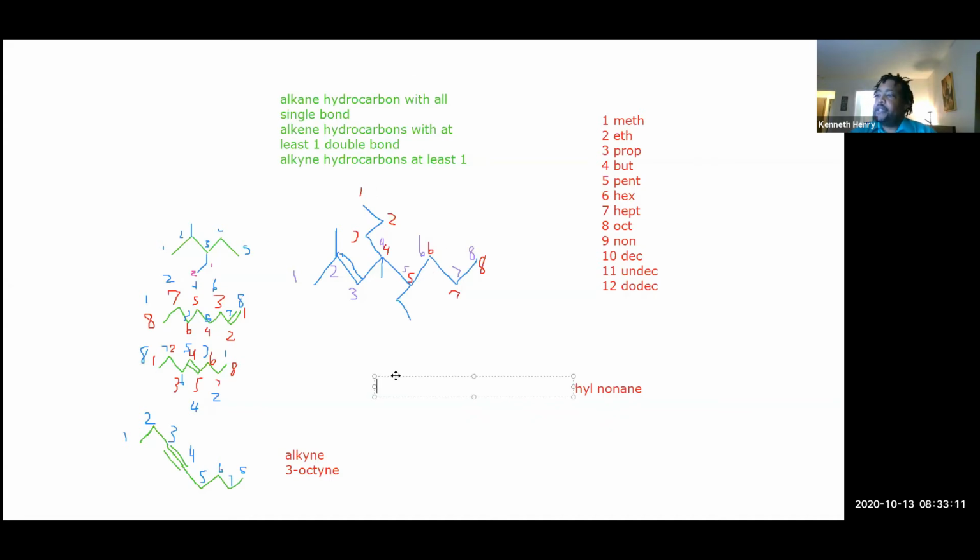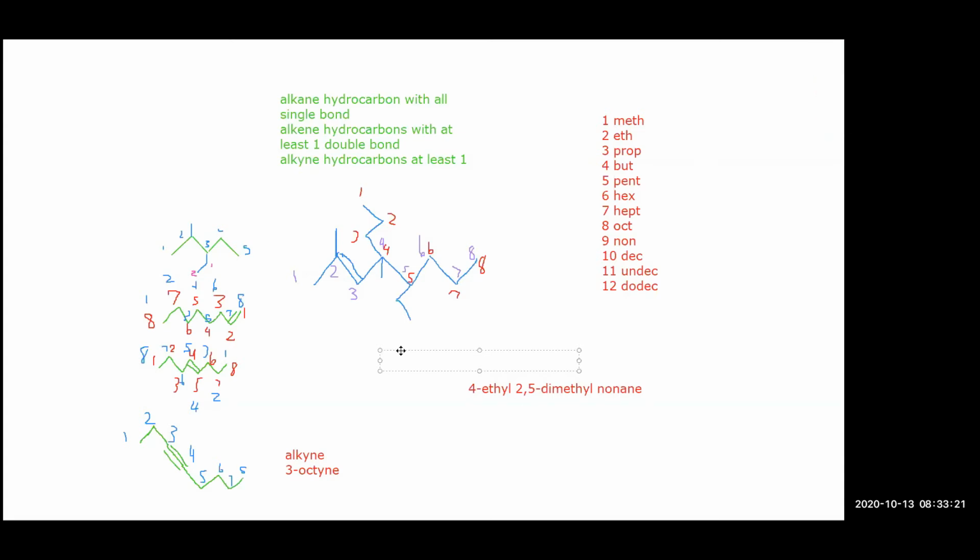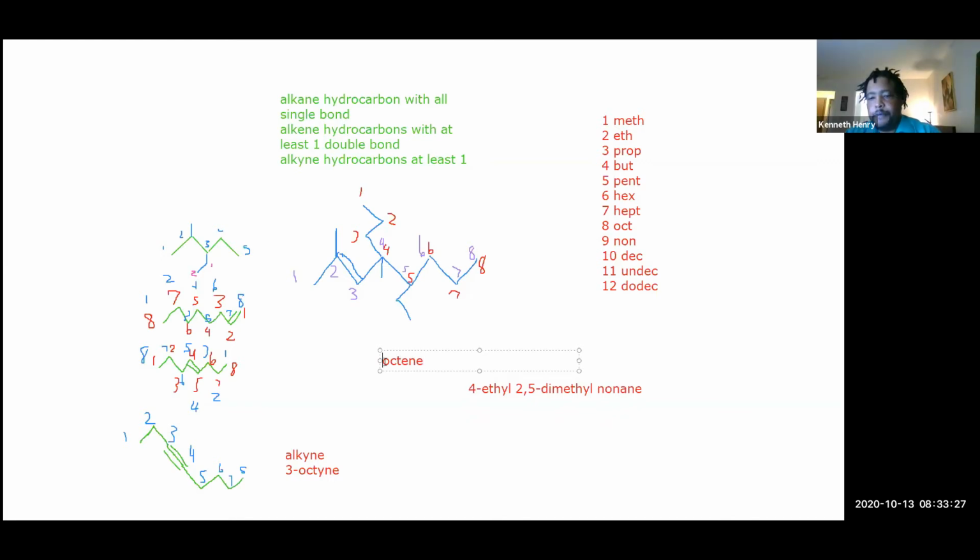Okay, so knowing that, what am I going to name this guy, this beast? Octene. Okay, octene is going to be at the end. Where are the side chains and what are they?